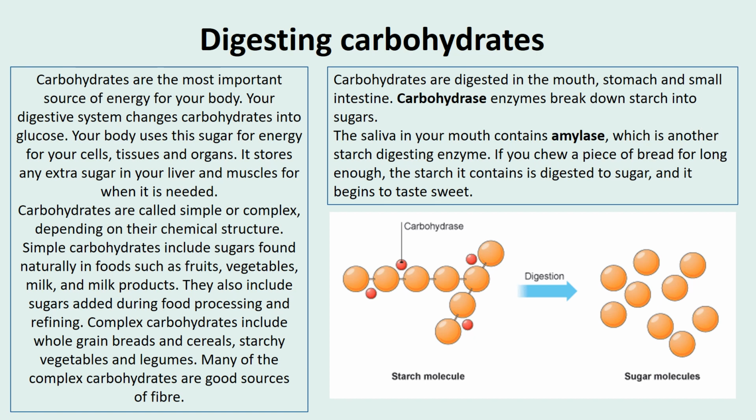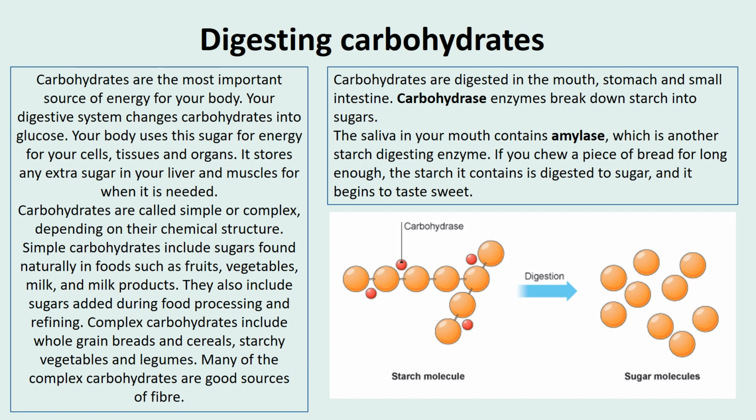So please make sure that you have got amylase in there as well as carbohydrases. So the group of enzymes is carbohydrases. An example is amylase. So you might want to pause the video now, read through the information, and complete that column of the table.